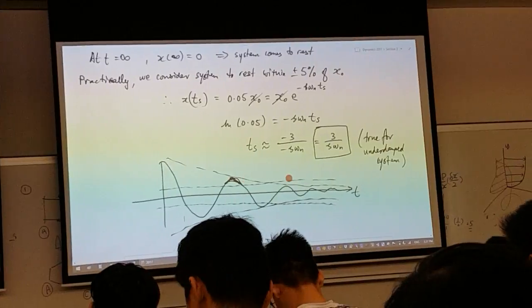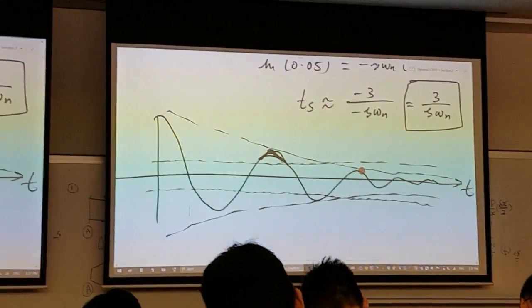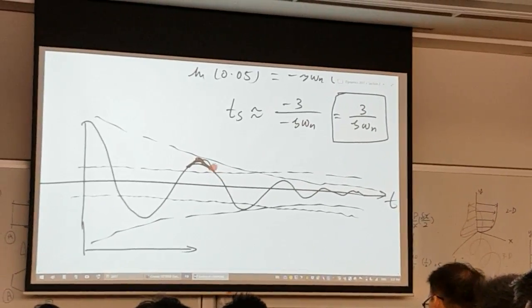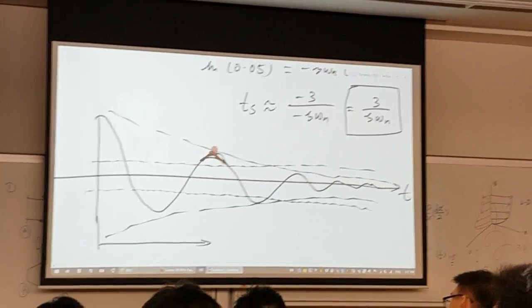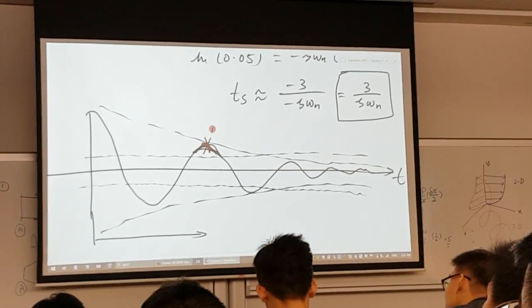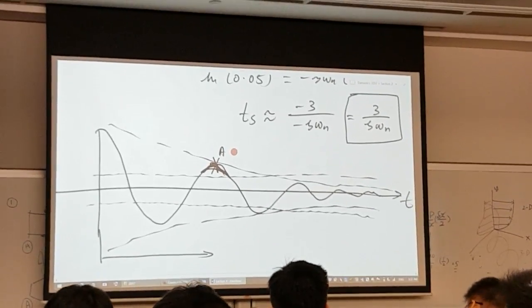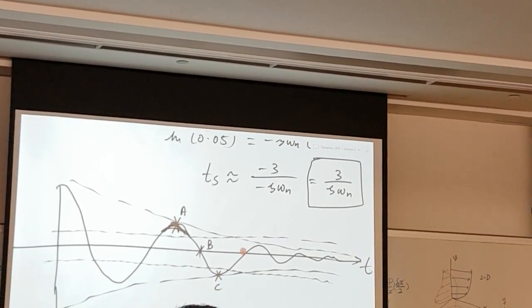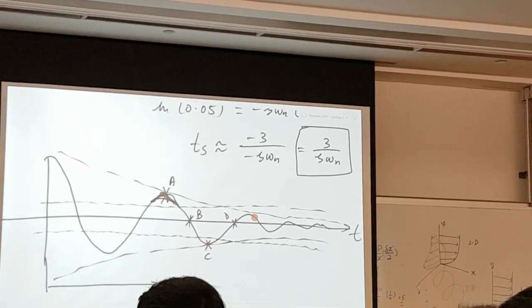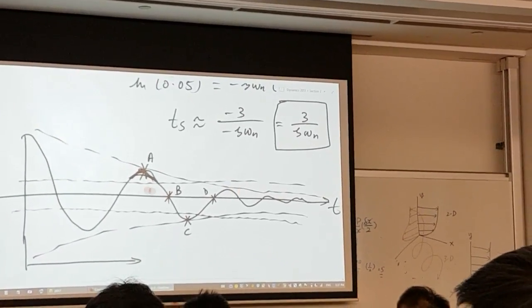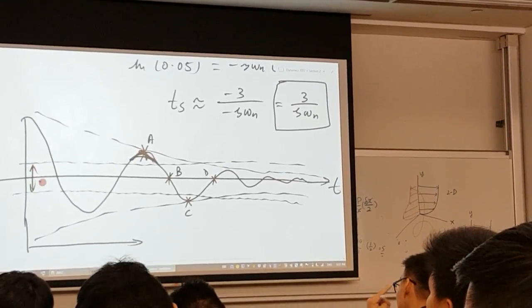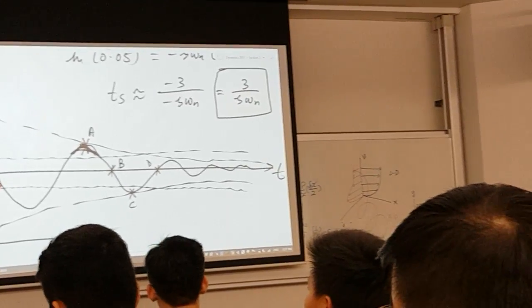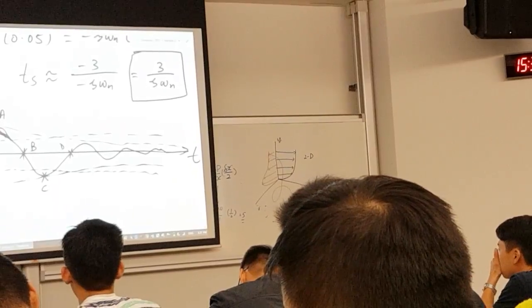So what I want to ask you is this. Settling time, you will start from 0. At which point do you think will be considered the settling time? Let's say this is touching, point A, point B, point C, point D. This is not, it's also touching. But this is your plus minus 5%. A, B, C, or D?